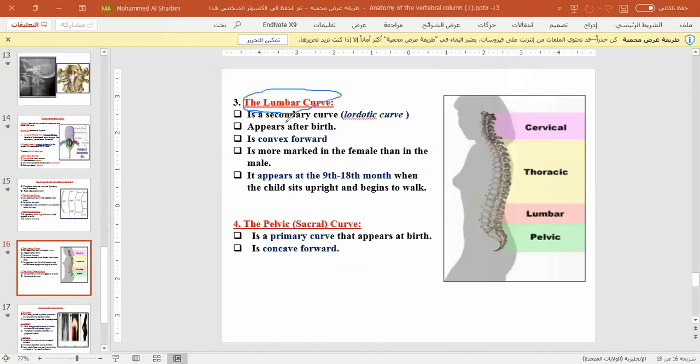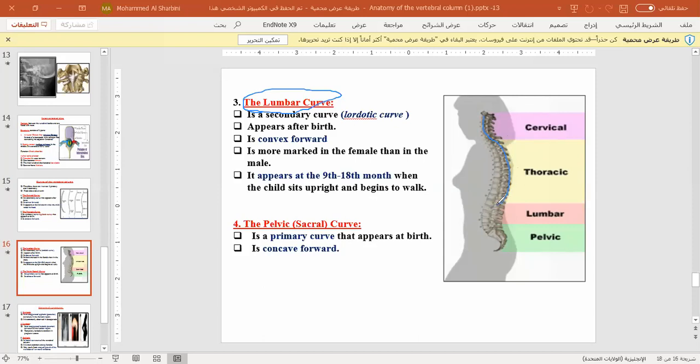The lumbar curve. What happens to the lumbar curve? The cervical curve is secondary, and the thoracic curve is convex posterior, primary. The lumbar curve, at the age of 9 months or 1 year or after, when the baby starts to walk and stand upright, changes to become secondary.